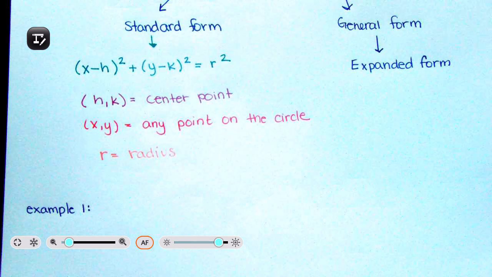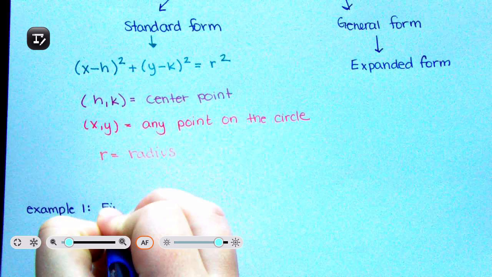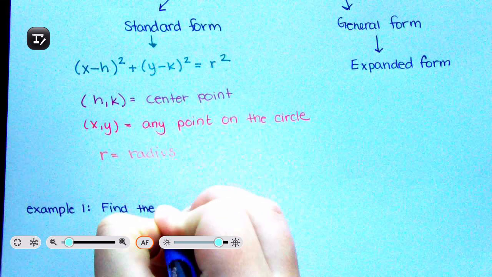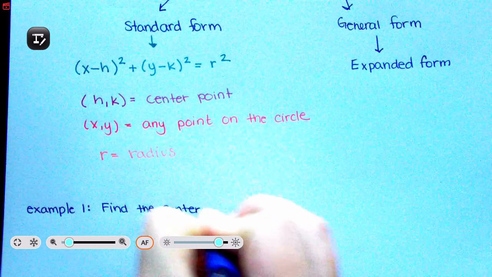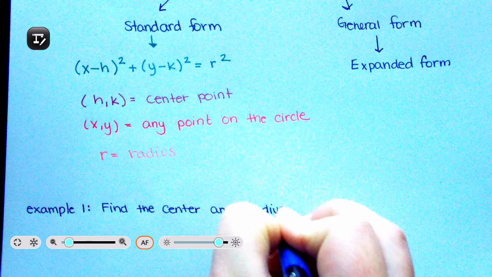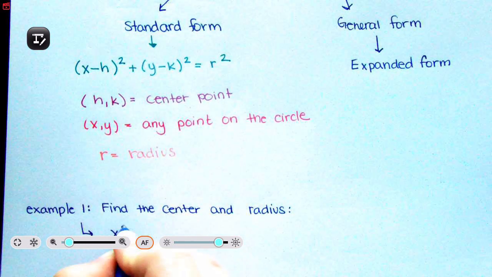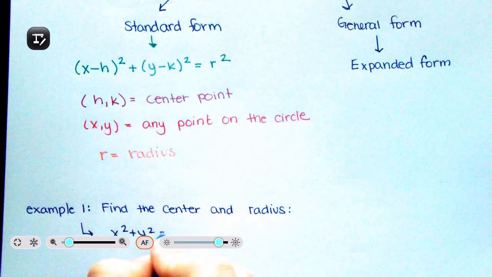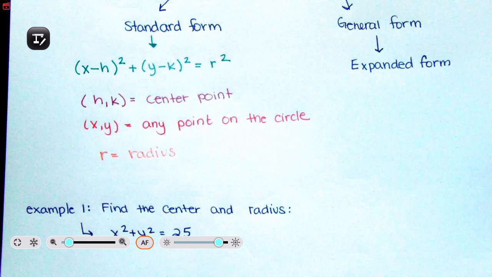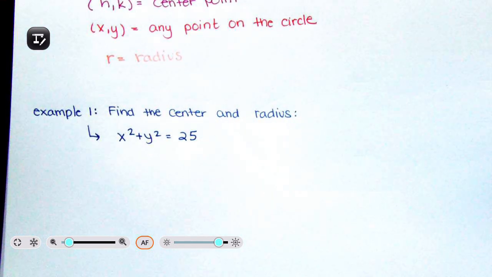So example 1 says, find the center and radius of each circle. Okay, so let's do that. Given to us is x squared plus y squared is equal to 25. So again, what is our standard form?